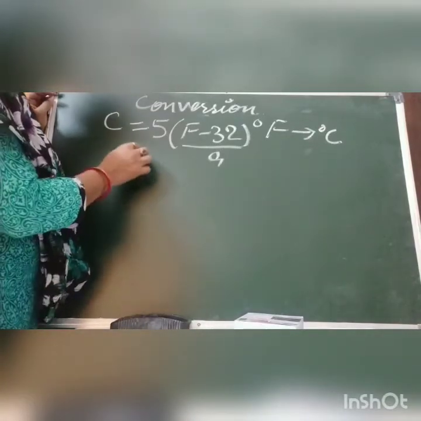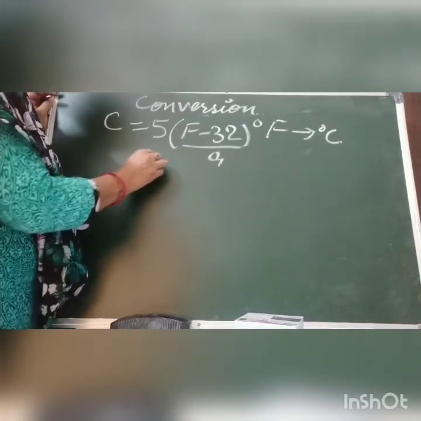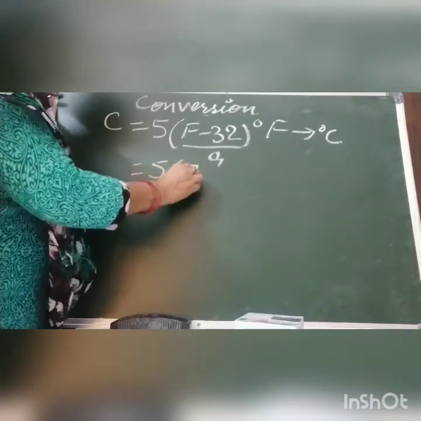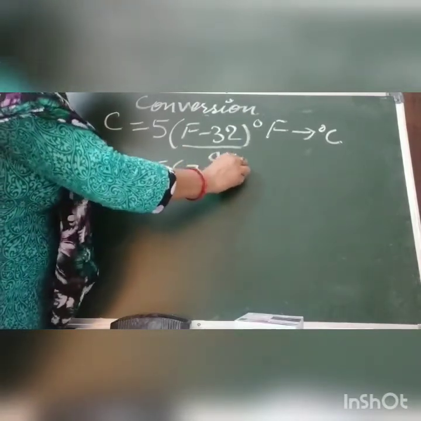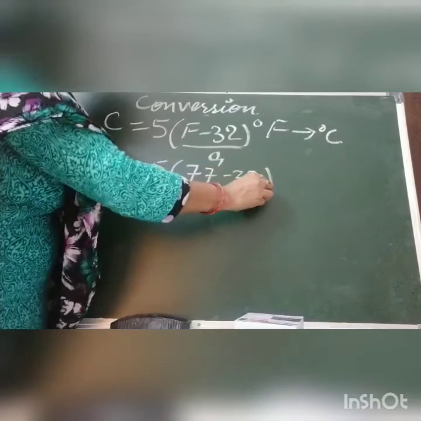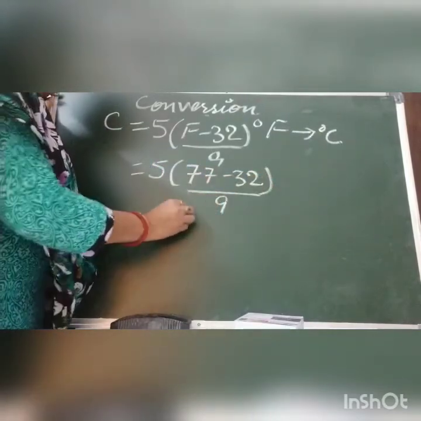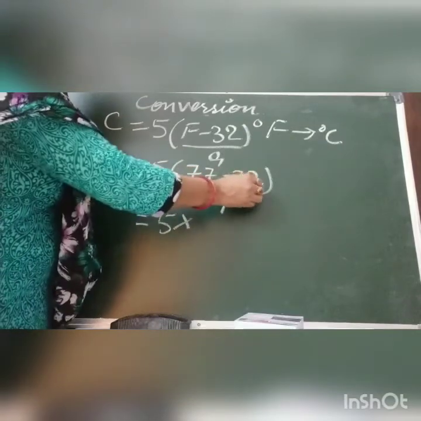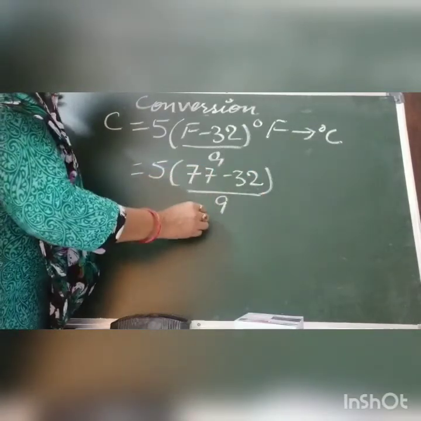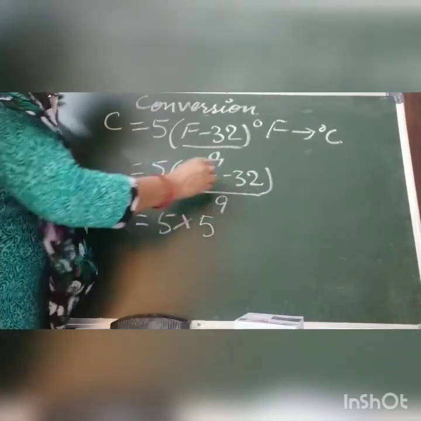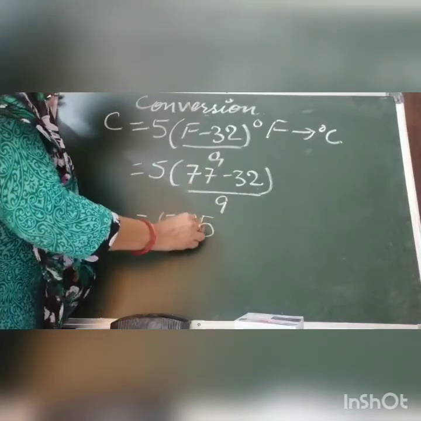One more sum we will do. Suppose the value is 77. Minus 32 upon 9. 5 into, 2 out of 7, 5. 3 out of 7, 4.